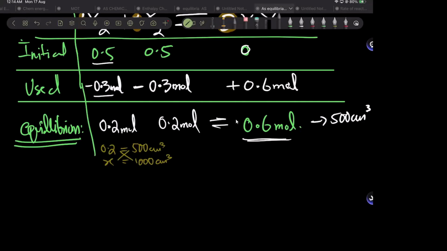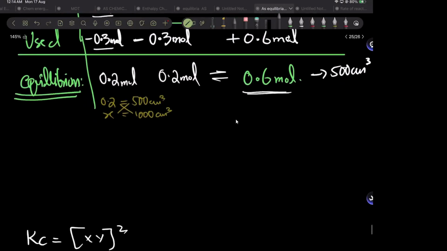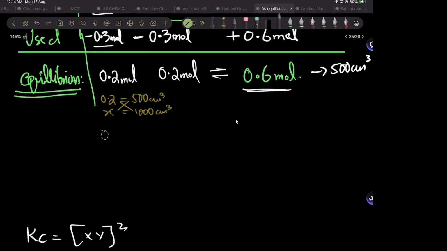Sorry, my calculator is just being weird. Divided by 500 is 0.4. This would be how many moles? 0.4 moles. Now, these are the moles that will be present in 1000 cm cube.